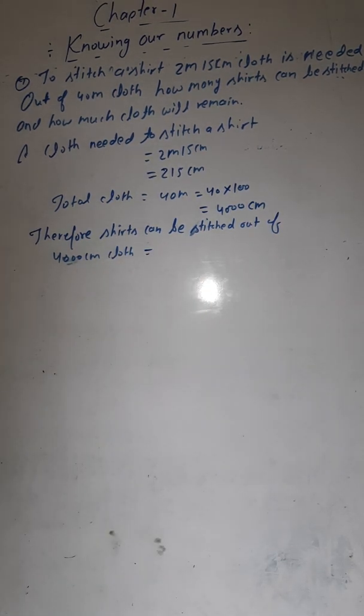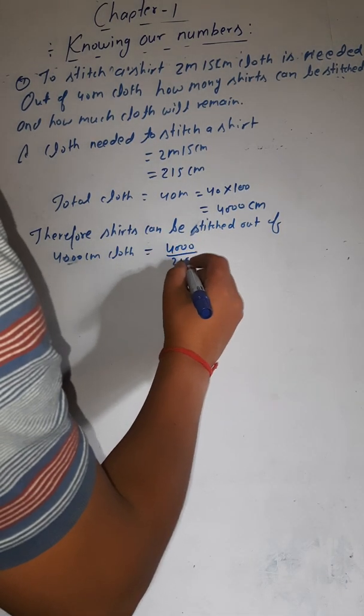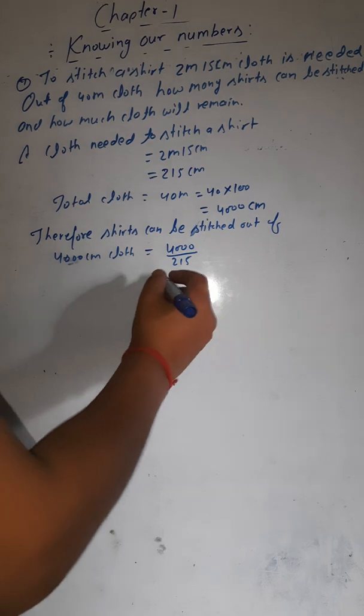You are gonna divide this. That is how you will find out the number of shirts. So you would multiply this 4000 divided by 215. So you would be getting your answer.